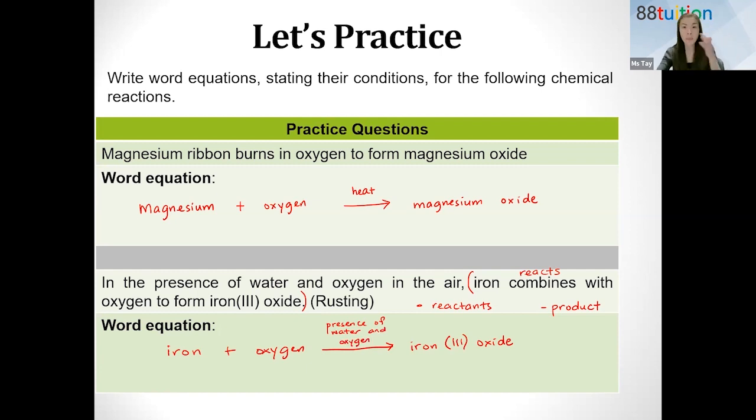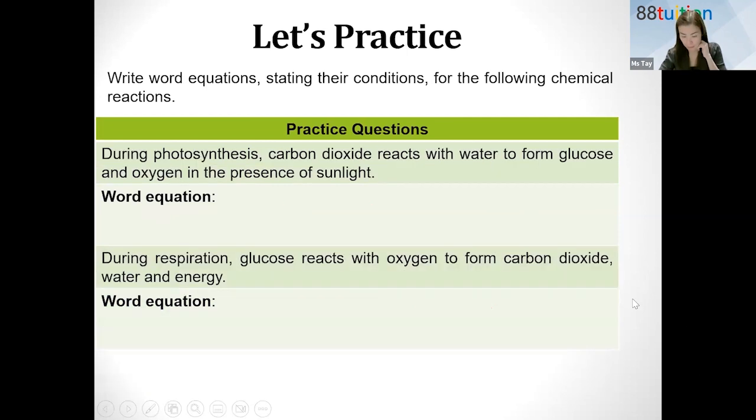Okay, Sherman, can see this part now? Give me a thumbs up if you understand. Sherman can. So the next one. Yeah, thank you.